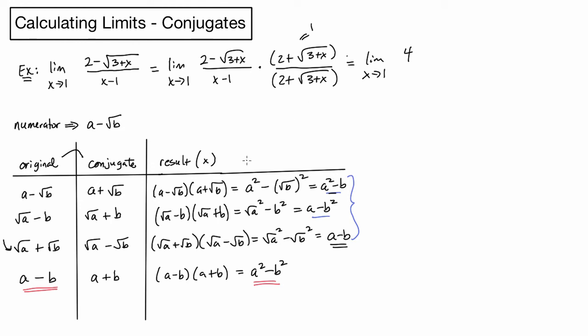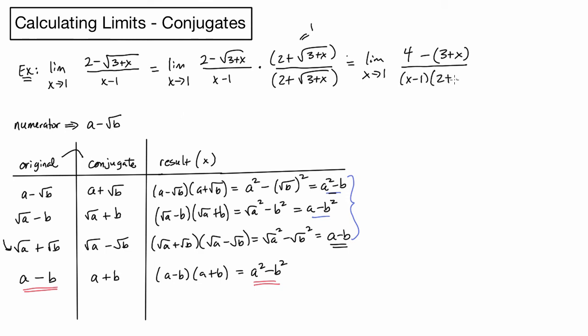You square it, it gets rid of the square root, so you get 3 plus x. And then it's minus in between. If you notice, all of these have minus signs in them, and that's because you're multiplying a positive by a negative in each case. So you simply square the first term and square the last term, and that's what our new numerator is. Now, the price you pay for this is the denominator gets more complicated.